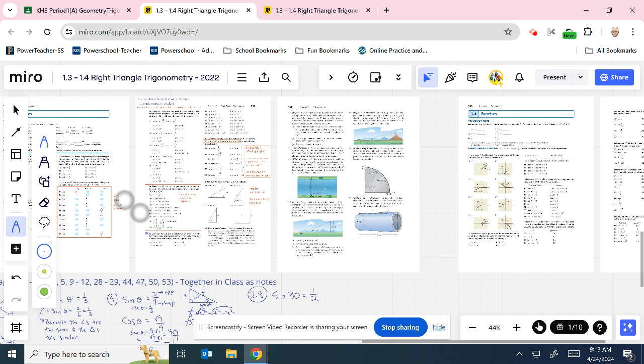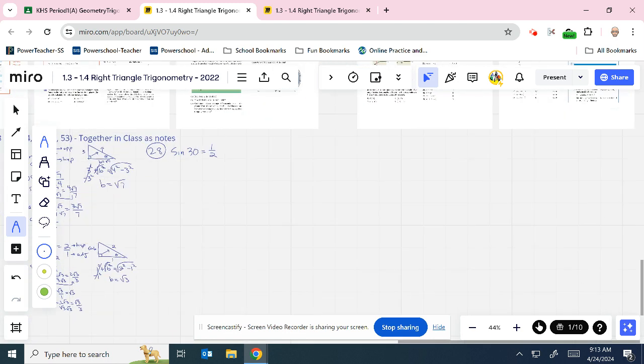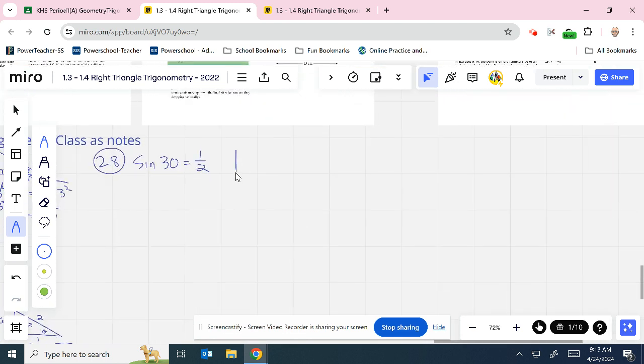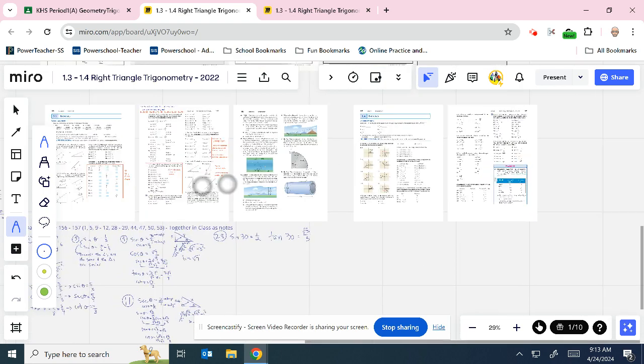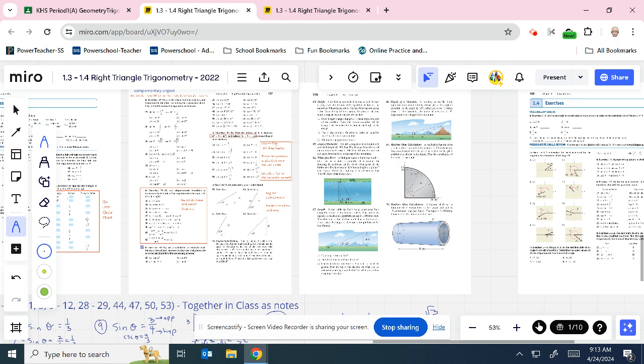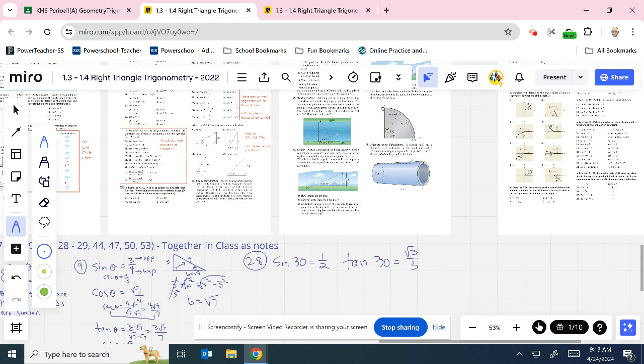And then it says the tangent of 30 is radical 3 over 3. Tangent of 30 equals radical 3 over 3. So let's take a look at what they want. They want cosecant of 30.